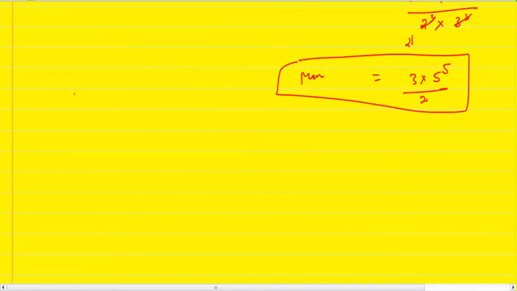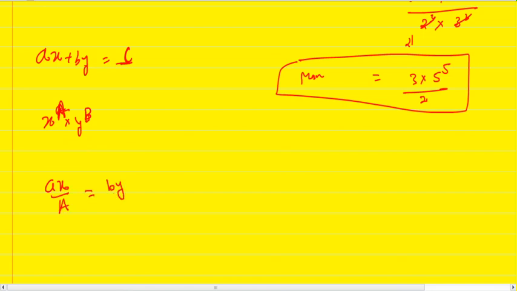Whenever you come across an equation of the form ax plus by is equal to some number, let us say c, and you have x to the power A and y to the power B, let us take these as capital A and capital B to avoid confusion. Here, ax by A should be the same as by by B. Whatever is in the power will divide the term in the addition.